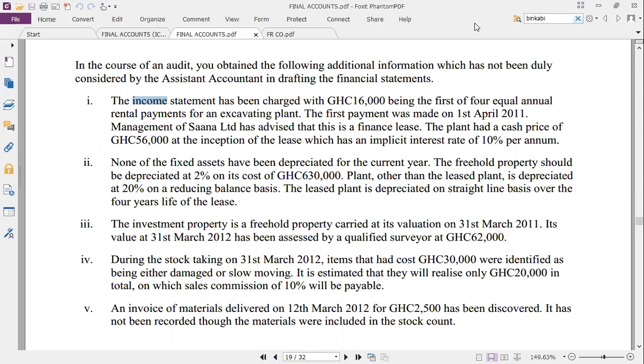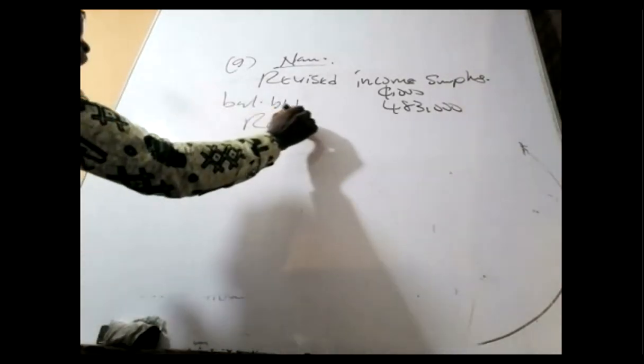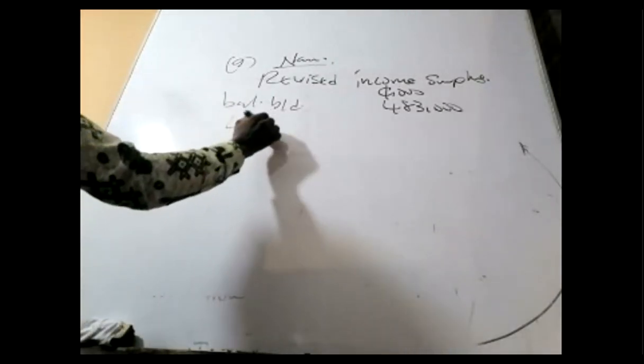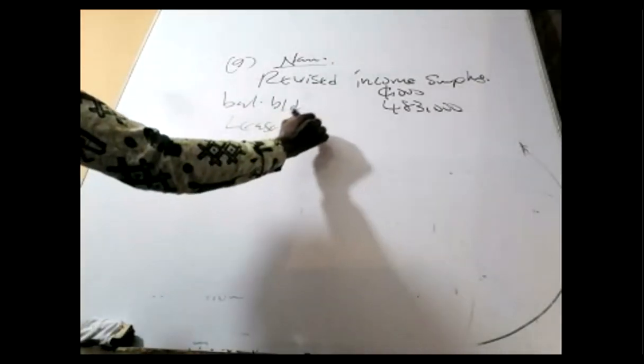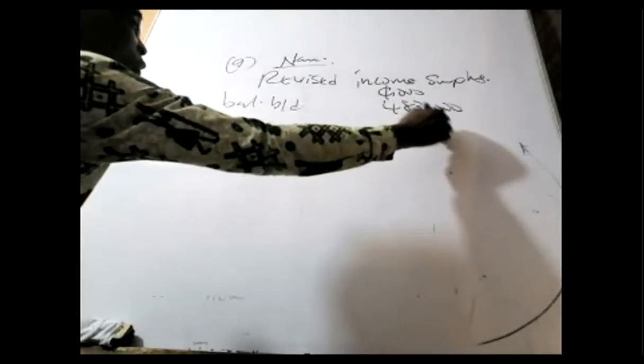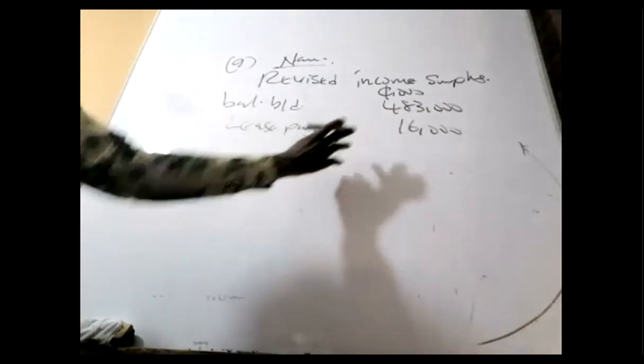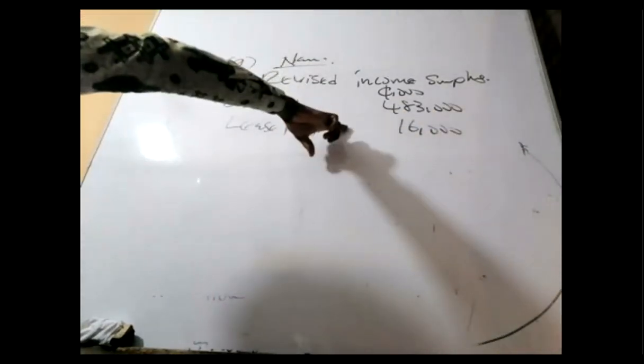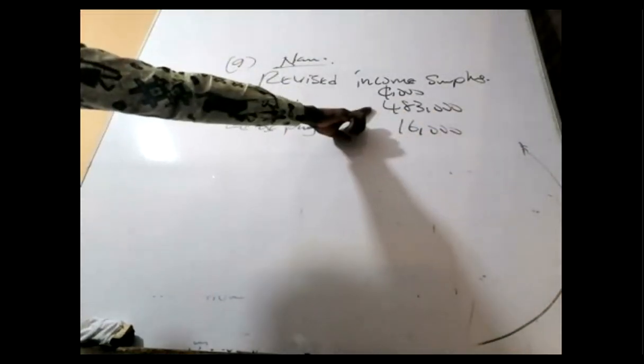Reversal of rental charges, or the lease payments, any of them you are free to use. Lease payments 16,000. I'm reversing it. In fact, they have subtracted it from the profit, so I'm adding it back to reverse it.